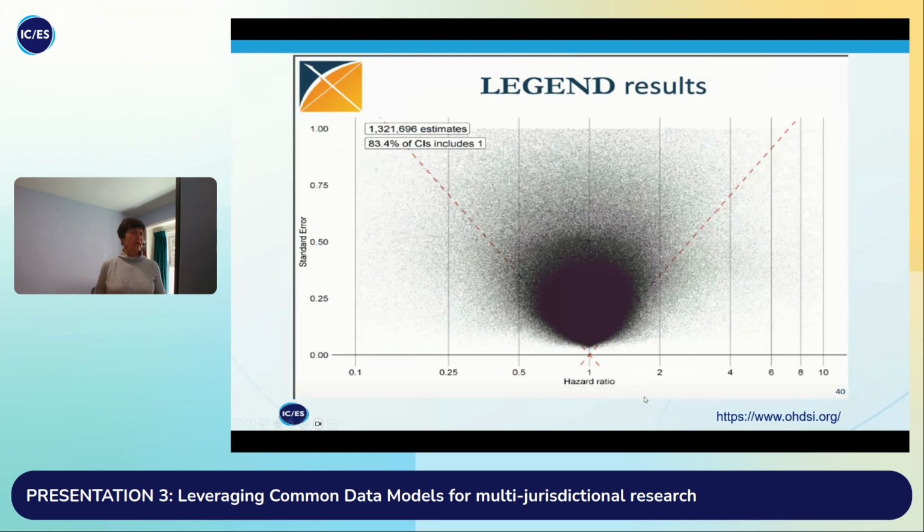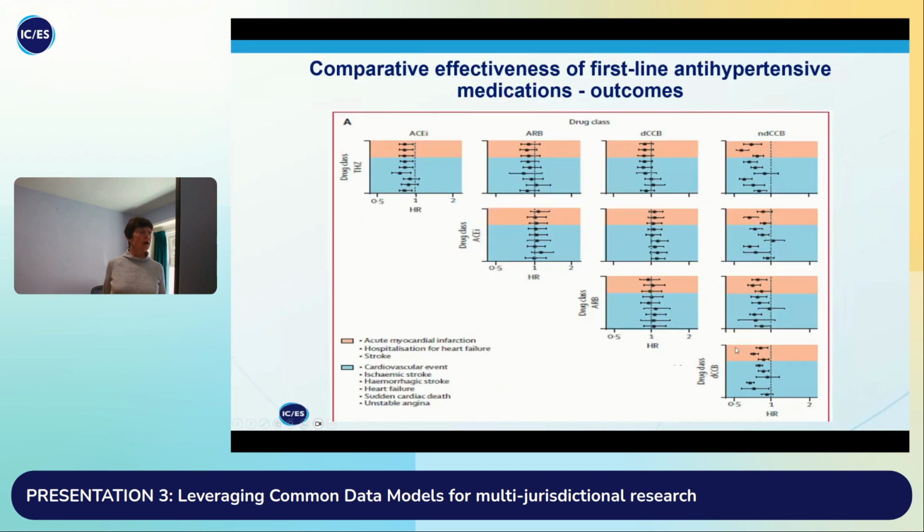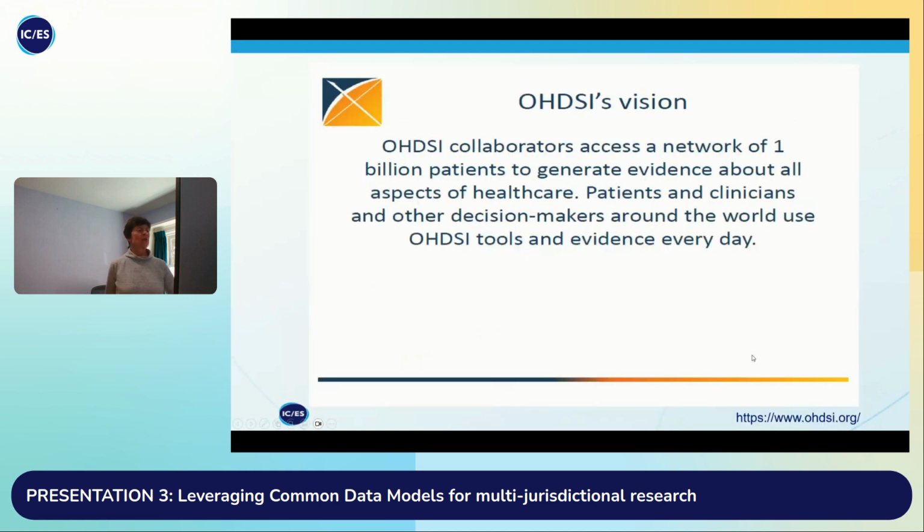So I am just going to end. I'm going to fast forward the slides. That's the study, but so fast forward. Next slide. So basically what they are suggesting is, what Odyssey's vision is to collaborate, to do observational studies in a reproducible, systematized, open source manner at scale using negative controls, publishing all the findings.